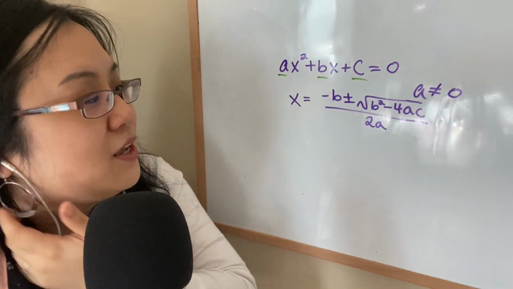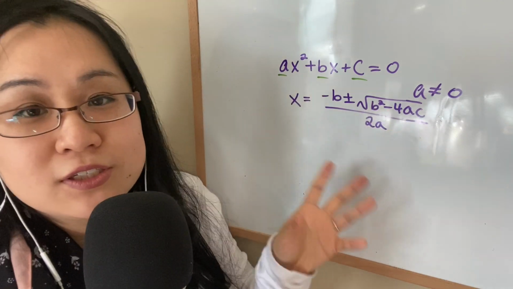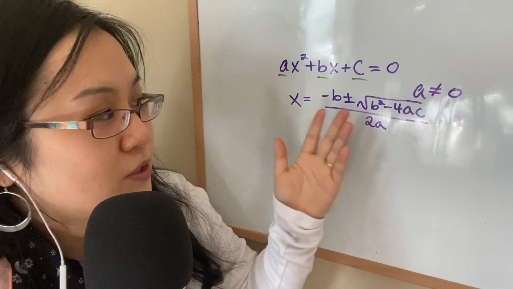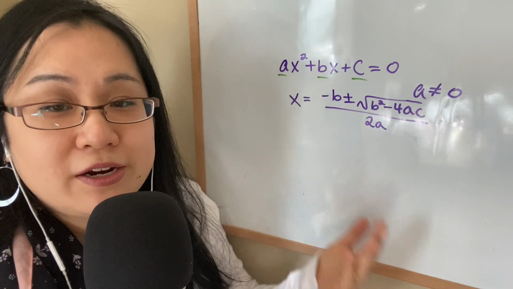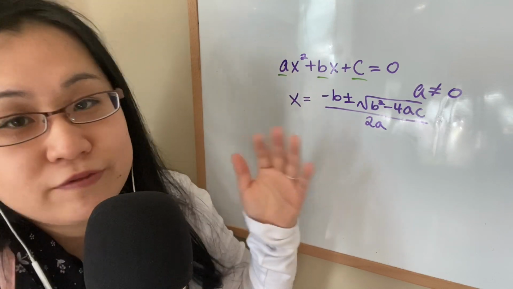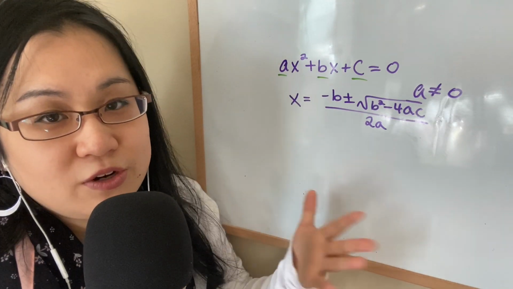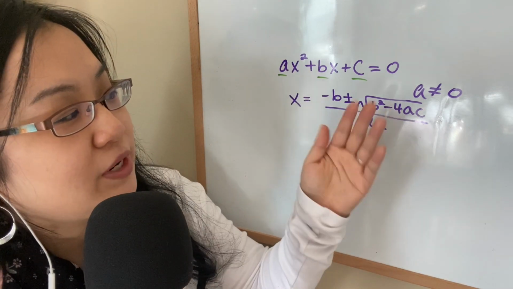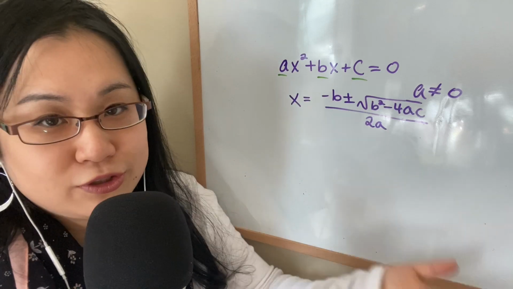Okay. You might also notice if we have b squared minus 4ac and we get a negative number, the square root of a negative number is not real. You'd get an imaginary part. So that would mean that we would have no real solutions. In algebra, that's usually where we stop. We just say no real solutions. But if you've learned about imaginary numbers, you'll say the solutions are imaginary.